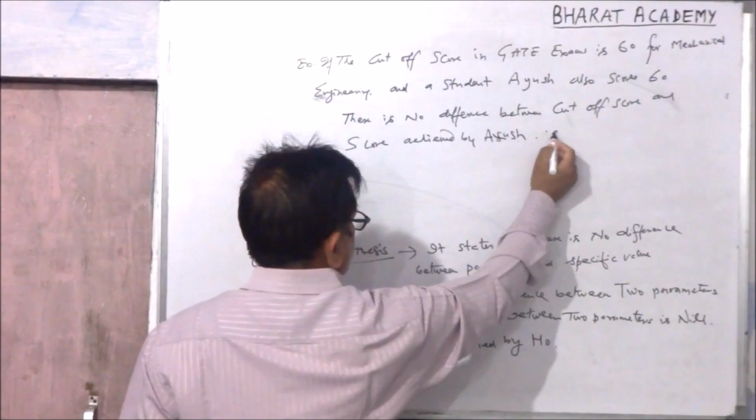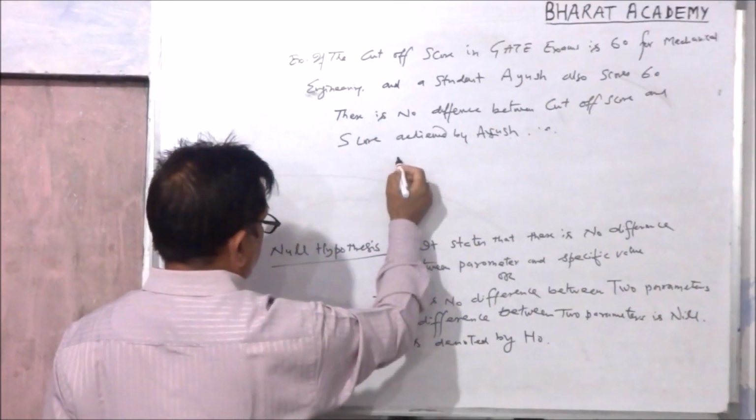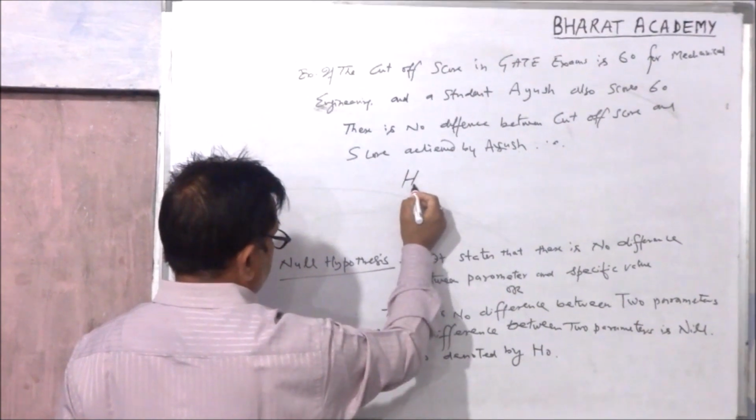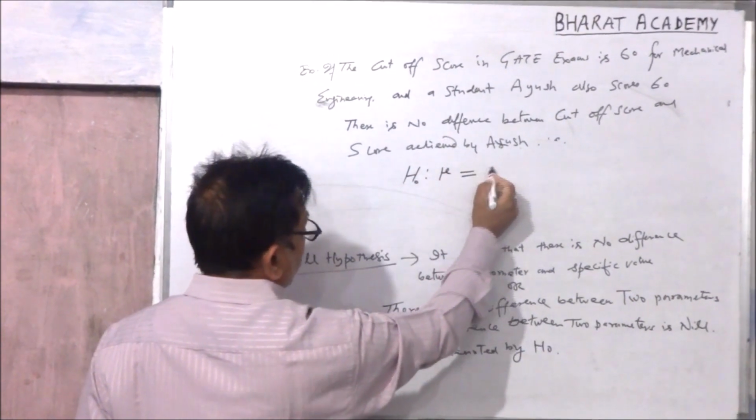That is, we can write the null hypothesis as H naught: mu is equal to 60.